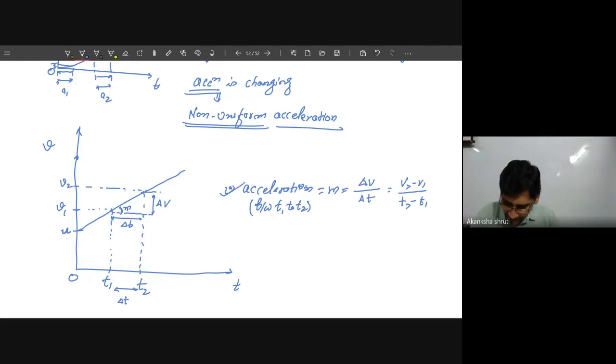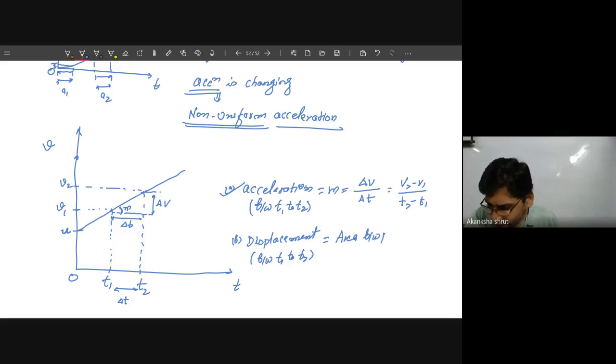Another thing is, in between this time interval t1 to t2 you need to calculate the displacement. So for the displacement, again between t1 to t2, students, you have to take care, what do we have to calculate? The area between the plot and the time axis.